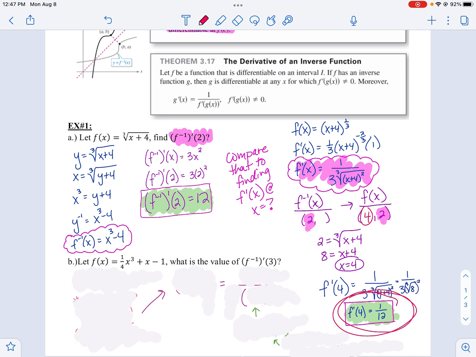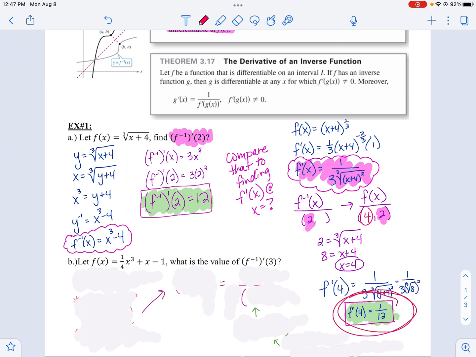So again, the value of the original function's derivative at his x value is the reciprocal of the value of the inverse's derivative at his x value, which happens to be the y value of the original, right? So that's what the theorem is saying.